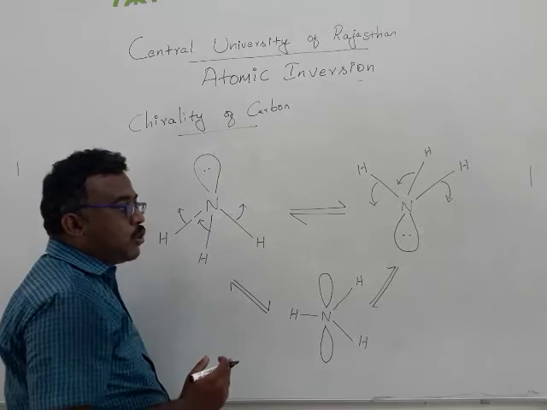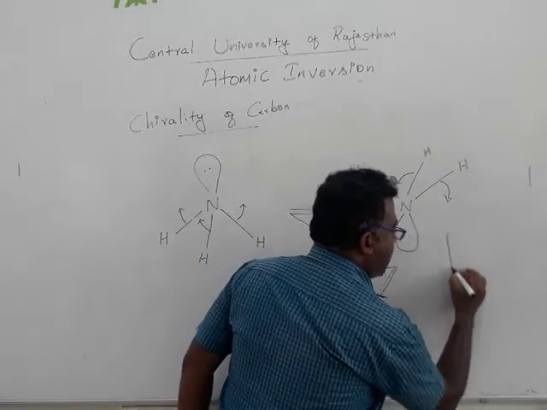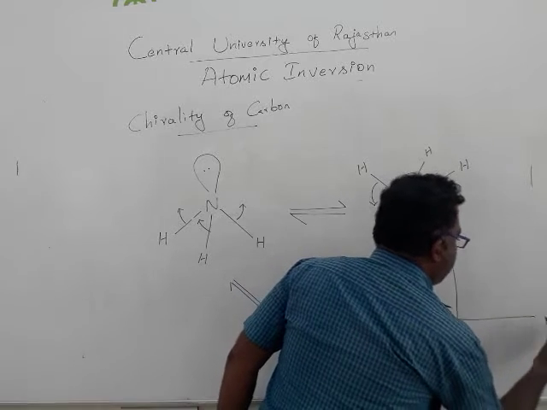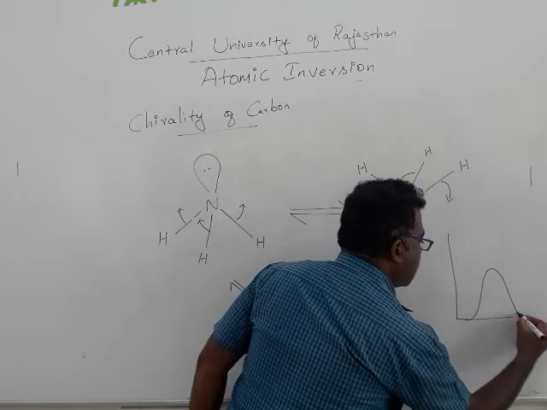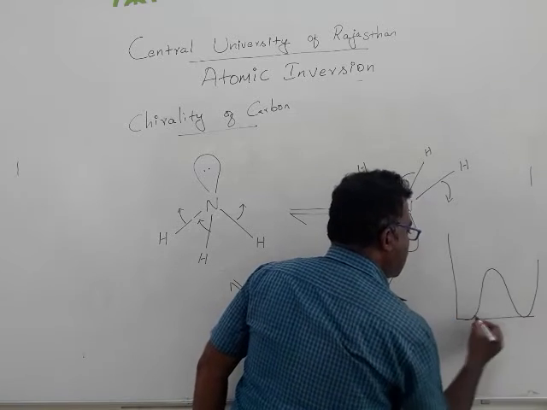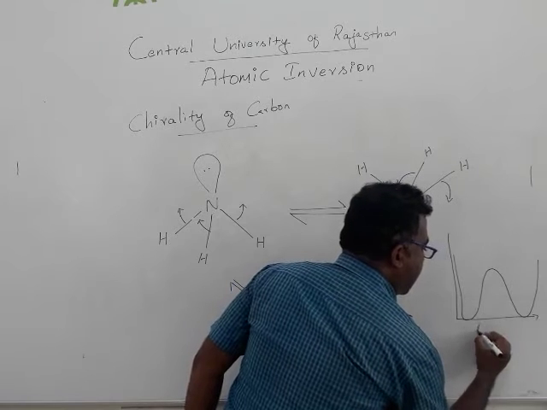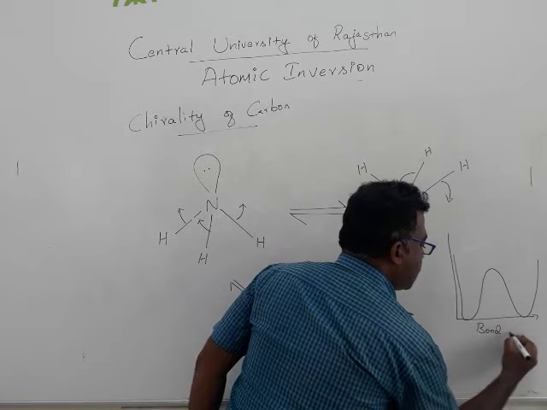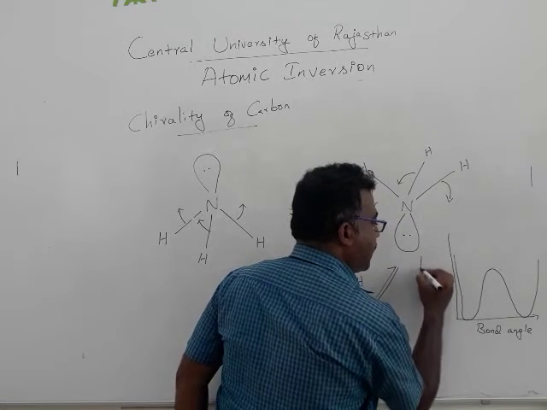So it can also be explained by an energy level diagram. From the energy level diagram, here on the x-axis we have the bond angle, and on the y-axis energy.